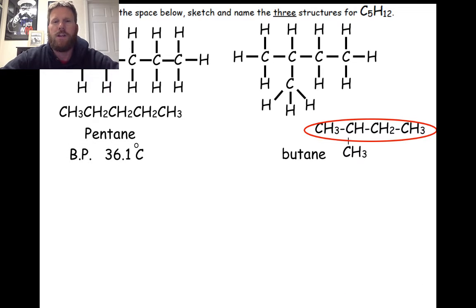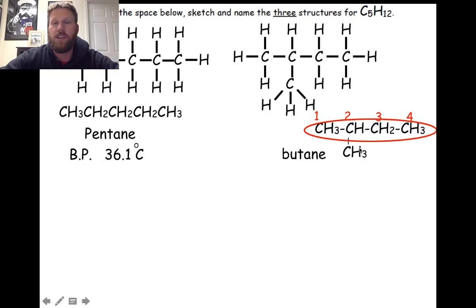And now we have a branch. And we want to make sure we number it now. Step 2 of the game plan, so we get the lowest numbers. So I can number it like this, 1, 2, 3, 4. I could also number it from right to left, 1, 2, 3, 4. But if I numbered it that way, the branch would be on the third carbon. But if you number it this way, it's on the second carbon.